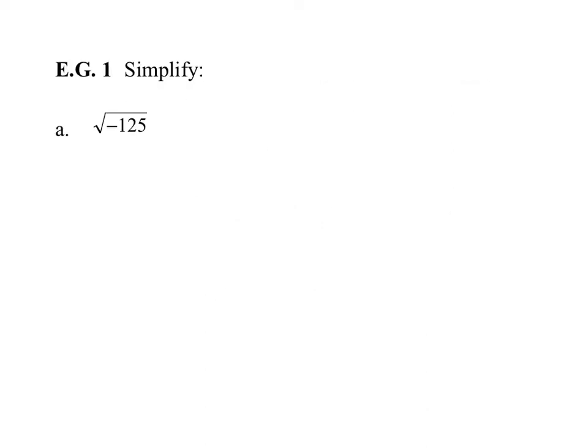A little bit more practice on using the imaginary unit to simplify the square root of negatives. So again, you factor the square root of -1 out of the value, and that will always get written as i. That's how we write the square root of -1.